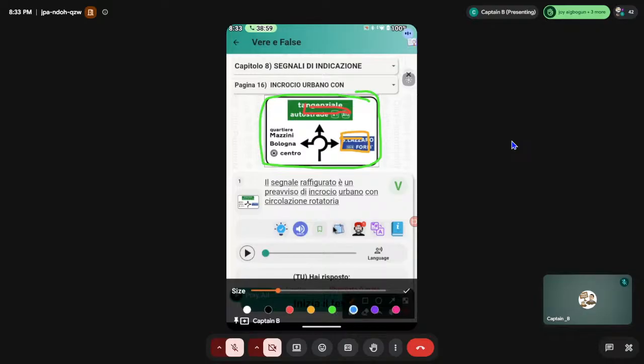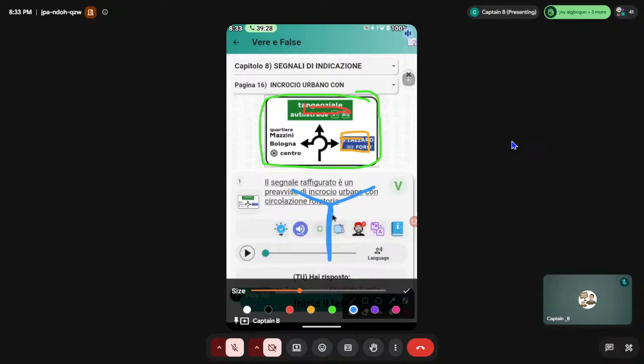It's blue, right? This is urbana. This is extra urbana. This extra urbana drawing has two branches. One is called extra urbana principale. One is called extra urbana secundaria. But both of them are from extra urbana.